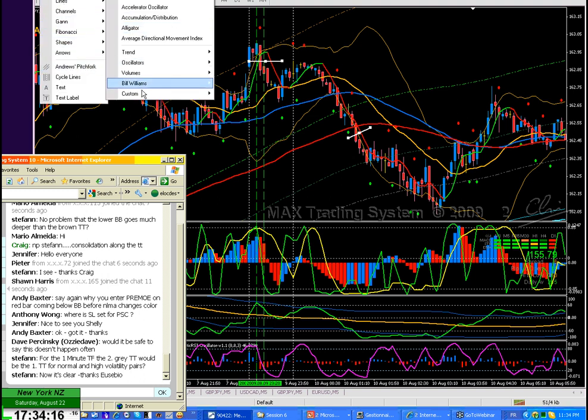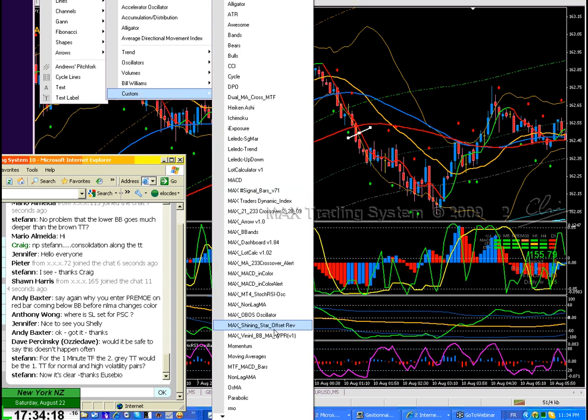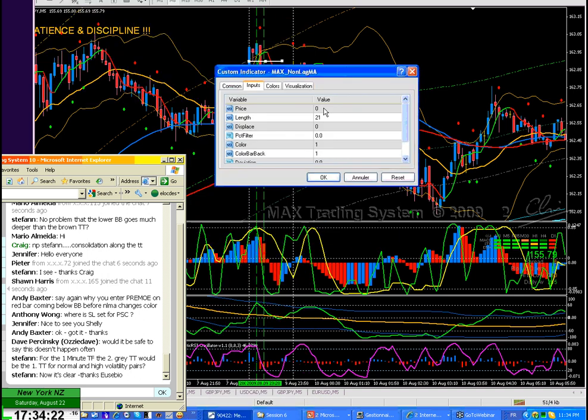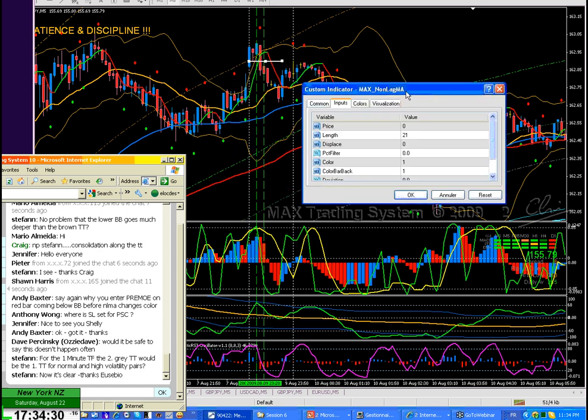Indicator, custom, non-lag, and this time we will use a different price. You see here in the parameter, 0 for the price means that the non-lag is taken with the close of the price. This time we will take the open, so we will put the value 1 for the price.